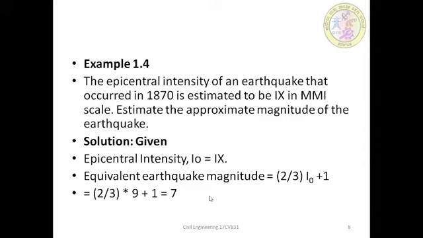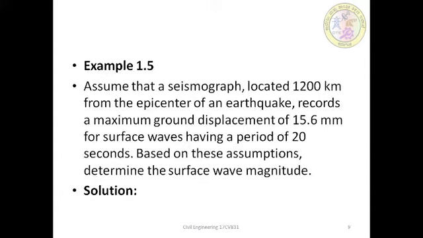You substitute I naught here, so 2/3 into 9 plus 1, so you will get 7. So 7 is nothing but the magnitude. So for the MMI of 9, the magnitude is 7. This is the other example, which is related to conversion of intensity to magnitude. Now let's move to the next example.